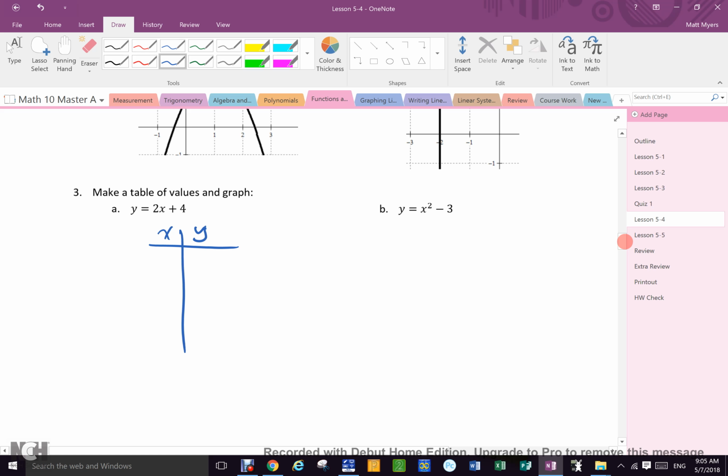And then you're going to do the same thing over here. Remember, it's always good to choose a couple of negatives, 0, and a couple of positives. I'm going to use -2, -1, 0, 1, 2. That's what I almost always use.